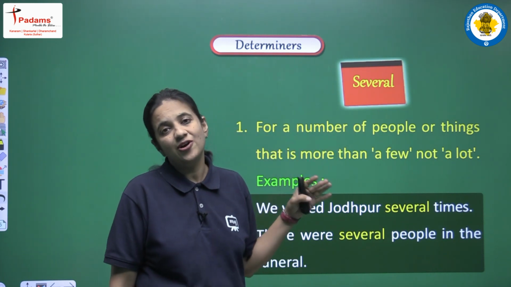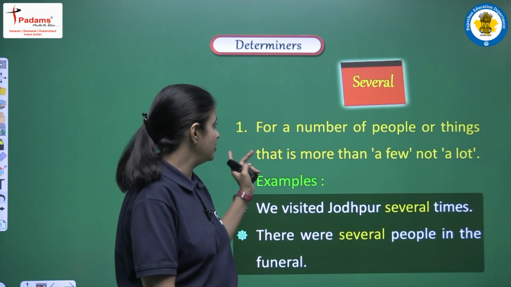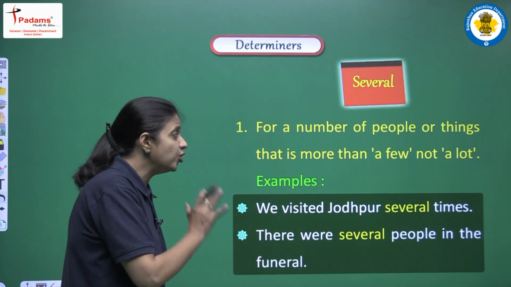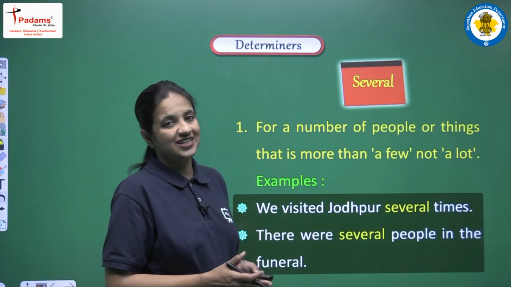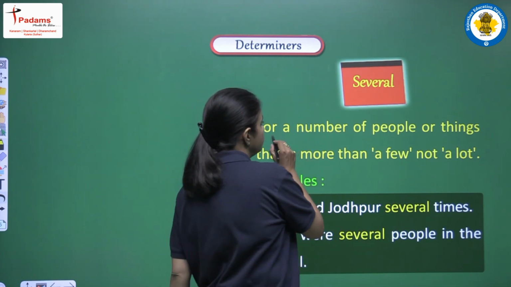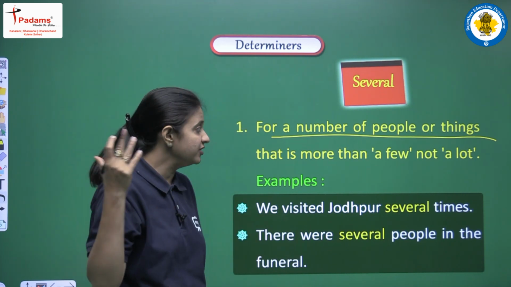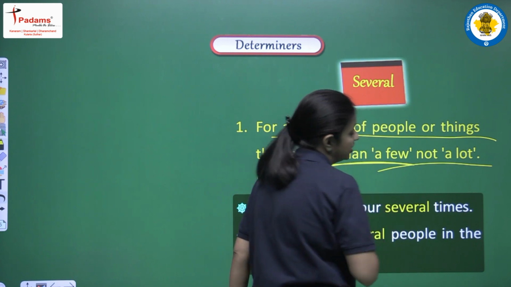Next determiner that we are having here is several. So let's see what is the meaning of several and what is the use of several. It is used for a number of people or things that is more than a few but not a lot. It is a determiner, and it can be used to refer to a number of things that is more than a few but not a lot.